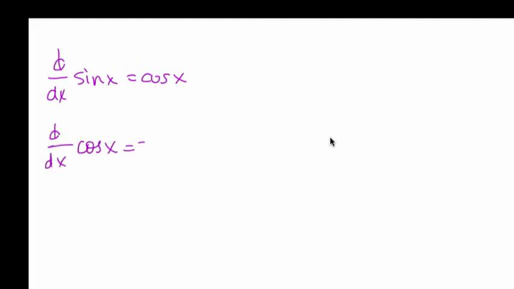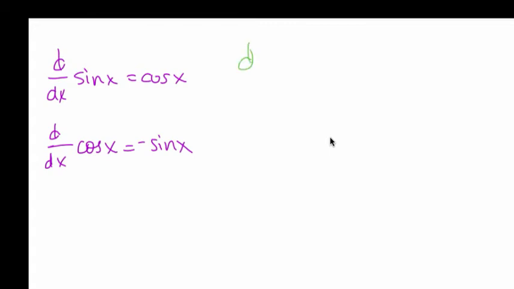The last thing to notice is some relationships between your trig derivatives. So we said the derivative of sine is cosine, and the derivative of cosine is negative sine.